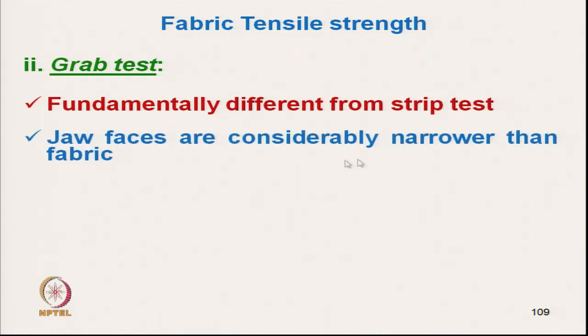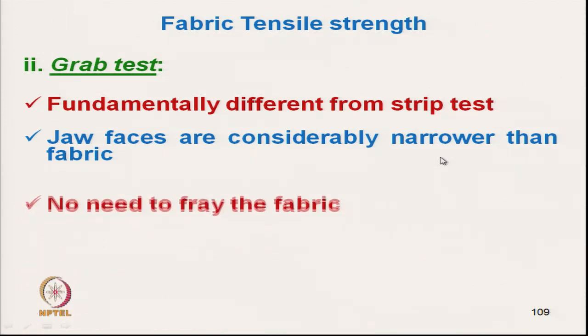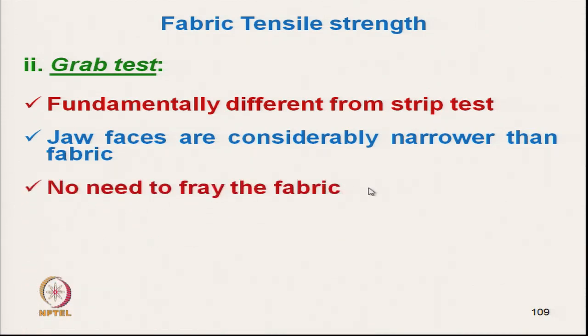Jaw faces are considerably narrower than the actual fabric length. No need to fray the fabric, because we are actually gripping. Suppose this is the fabric and we are not gripping throughout this width like the strip test, we are gripping at the midpoint. Okay.